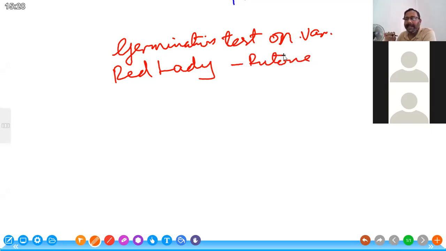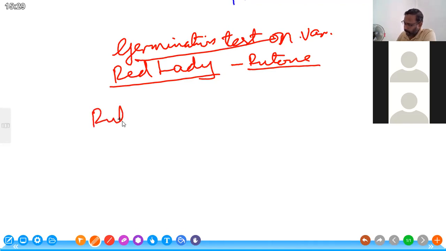As an example, sometimes we don't use root-on for papaya, but I'm talking about what problem this variability causes. I'm going to test root-on on the variety red lady for the germination test.